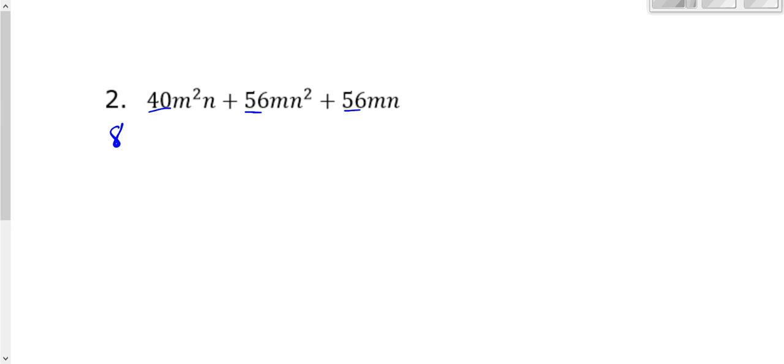So dividing everything by 8, now I have 5m squared n plus 7mn squared plus 7mn.